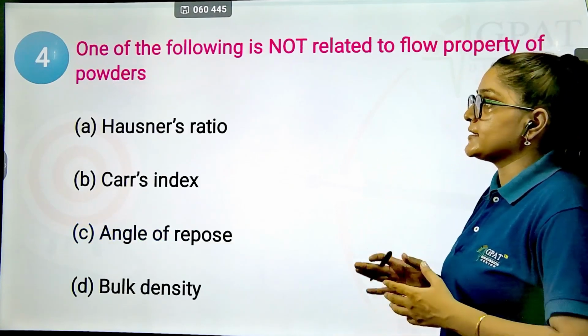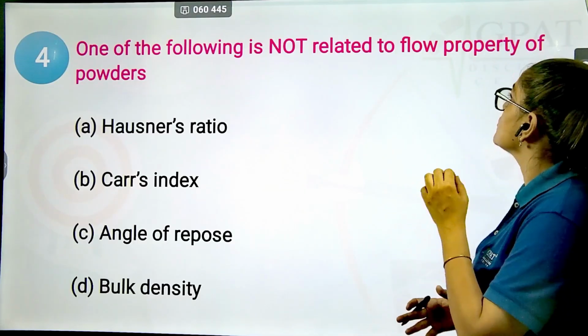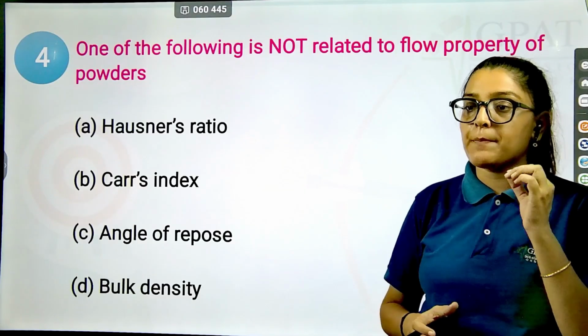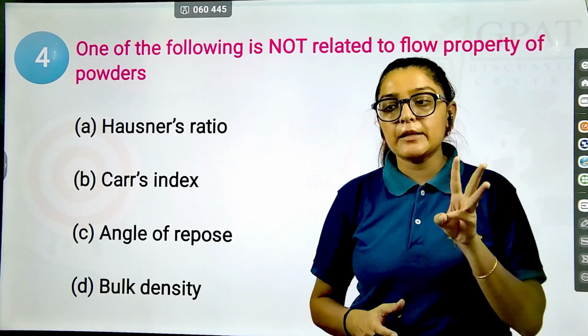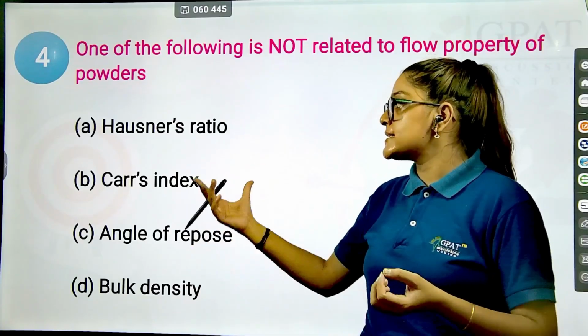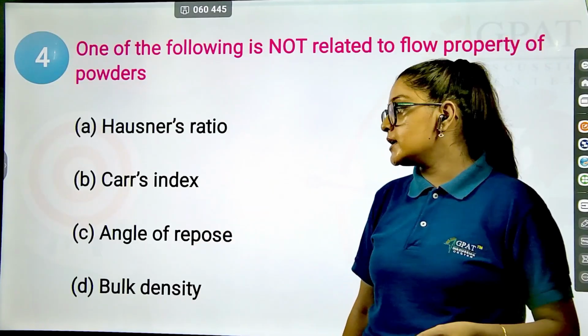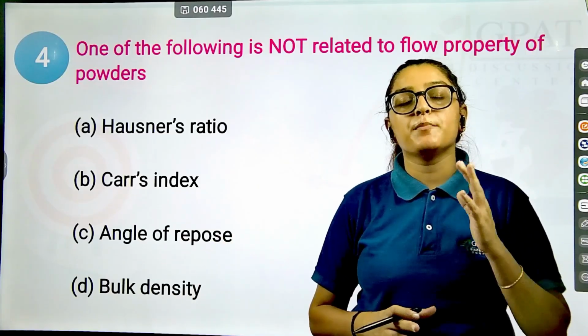Next question: one of the following is not related to the powder flow property. As I've just told you, we evaluate the powder flow property by three measures: number 1 is the Hausner ratio, second is the Carr's index, third is the angle of repose. So the right answer is bulk density.